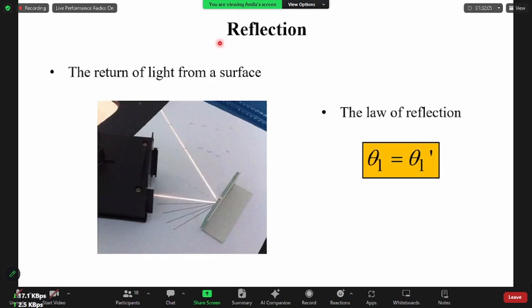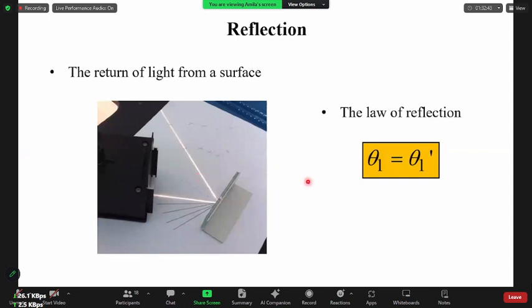So here you can see you have a boundary. Most of the time it can be a mirror. Light hits this boundary and goes back to the same medium. This is what we call reflection. And actually there's a law for reflection, equating these angles.